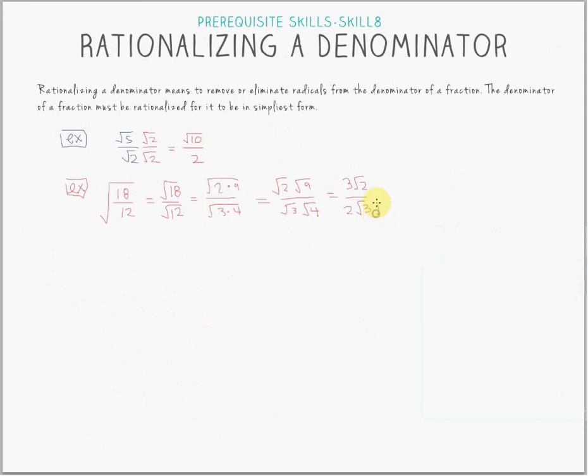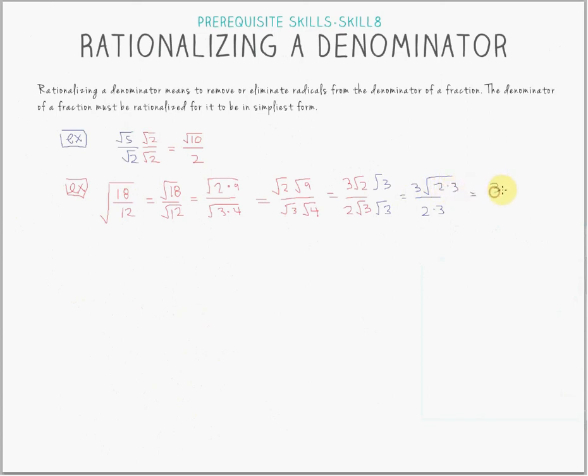So we multiply the top and the bottom by the square root of 3. And we get, here in the bottom, square root of 3 times the square root of 3 is 3. So we get 2 times 3 on the bottom. And on the top we get 3 times the square root of 2 times the square root of 3.